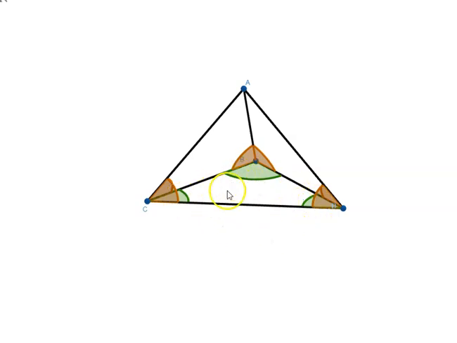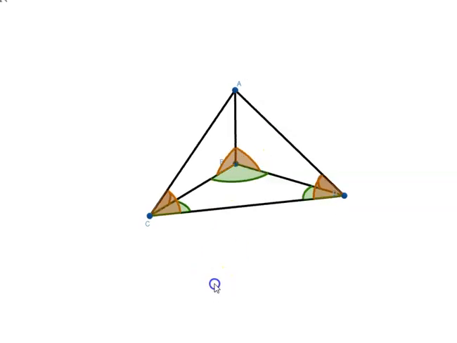And sum of these green angles is two right angles. That means the sum of these orange angles is going to be greater than two right angles.